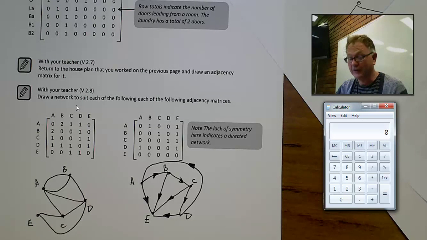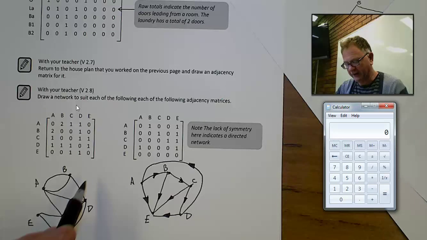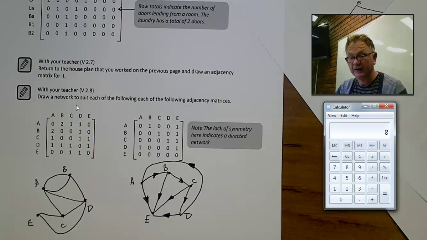I designed where they were meant to go. And you might find if your first network's looking a bit messy, if I get point C and I move it from here and I move it over there, the whole thing's going to be a bit easier. And so sometimes it might take you a couple of goes just to neaten up your network just a little bit. See how you go.